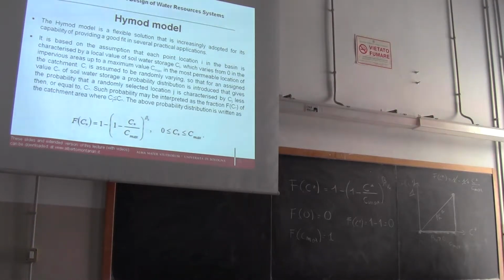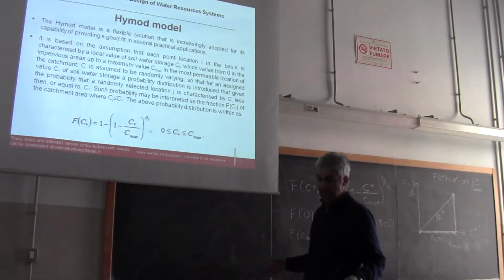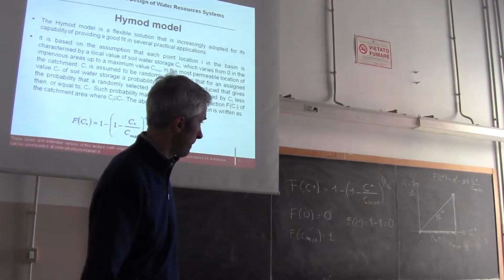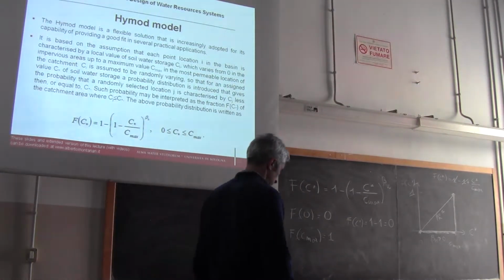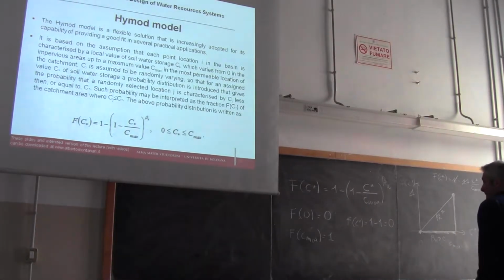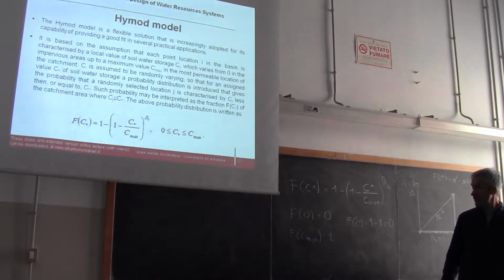Okay, what happens now if beta k, which cannot be negative by definition, tends to infinity? So we analyzed 0 and 1, let's try to increase it. What happens? Okay, what does it mean beta k equal to infinity?